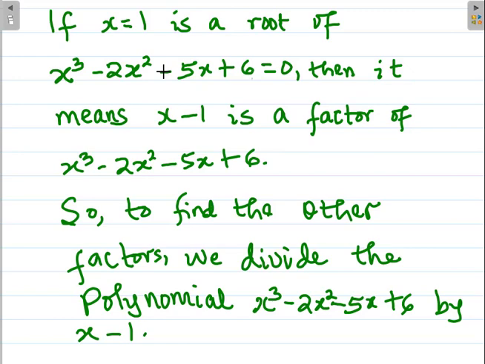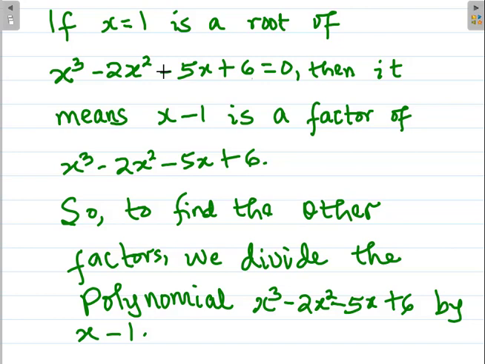Now, if x equals 1 is a root of this equation, then it means x minus 1 is a factor of x to the power of 3 minus 2x squared minus 5x plus 6. That's what it means. It means x minus 1 is a factor of this polynomial expression.